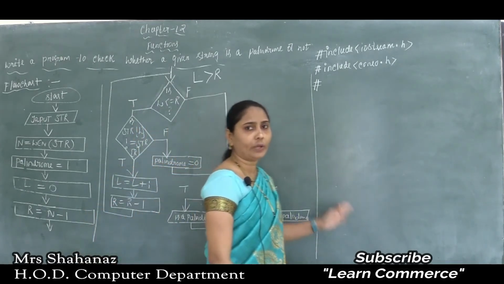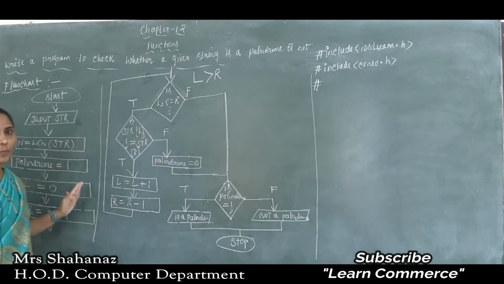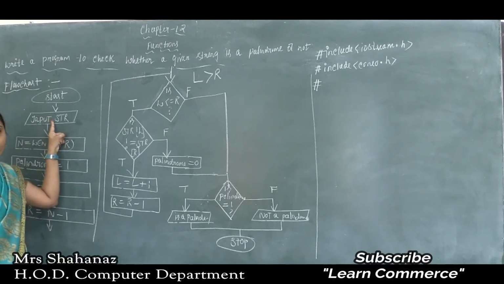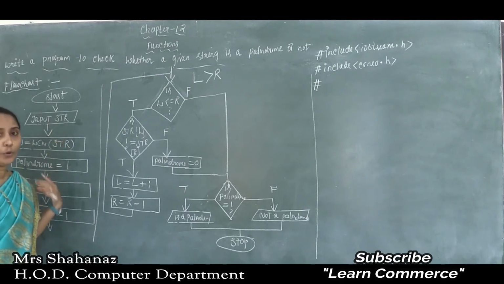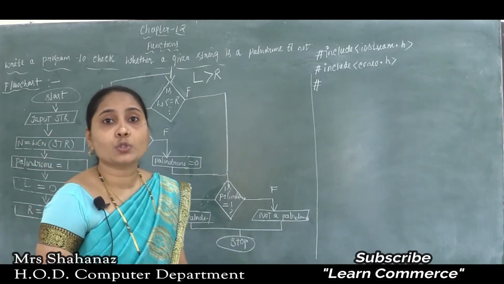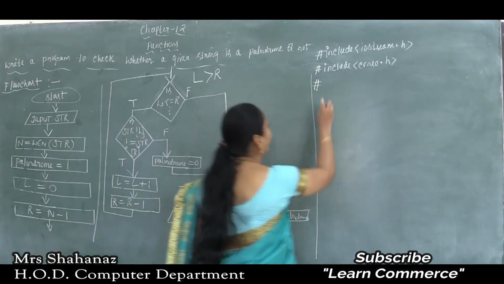Here, if you want, you can use it. Later I am going to use the most important header file, because the group of characters we input, that means in this program the string is going to be input through the keyboard as a group of characters. So to enter a group of characters, the header file string.h should be included.